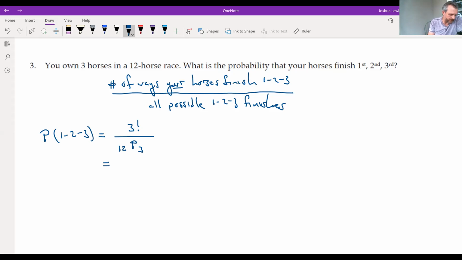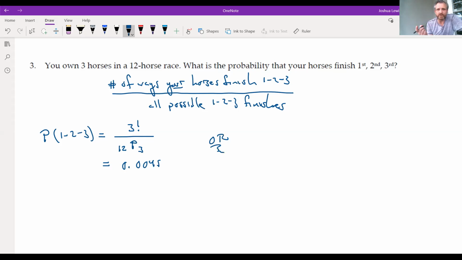And so that's going to be 6 divided by 12P3. So we're getting 0.0045.